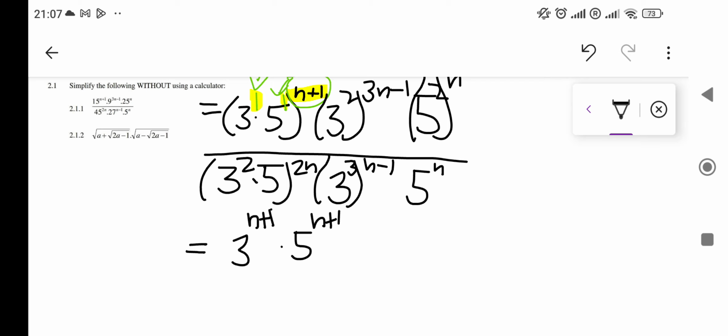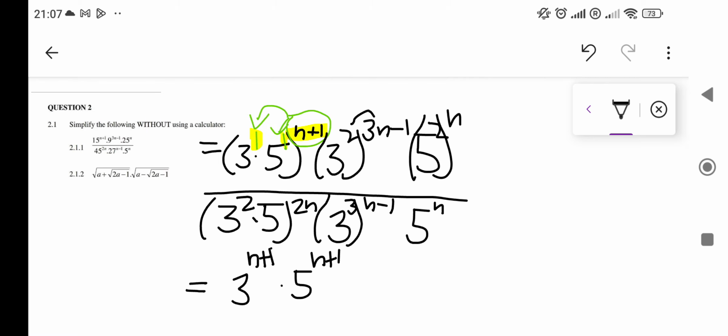Similarly over here, this 2 is going to multiply with our 3n, as well as that 2 multiplying with that 1 over there. So we will have 3 to the power of 6n minus 2.